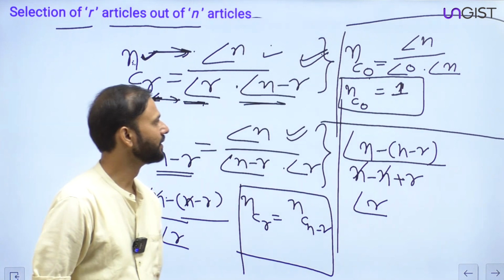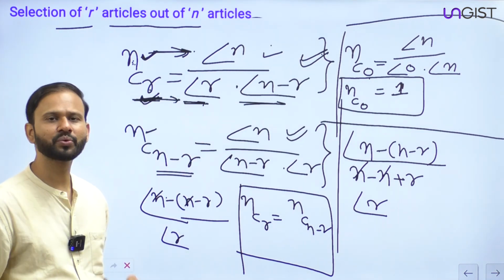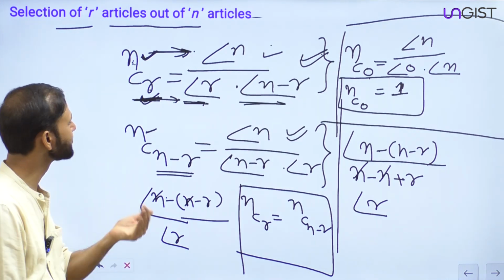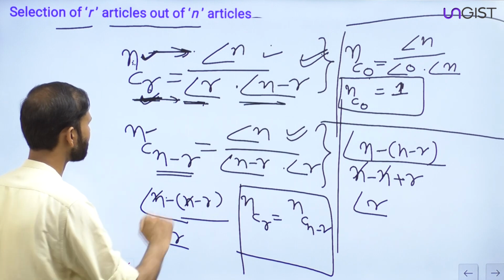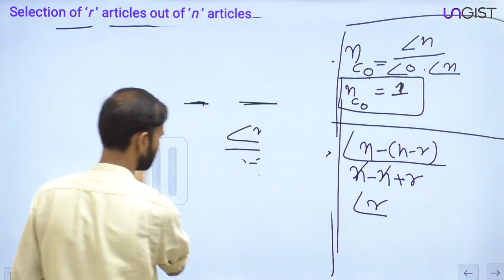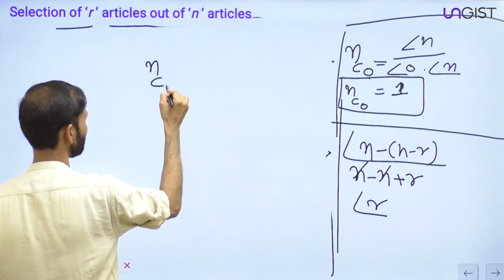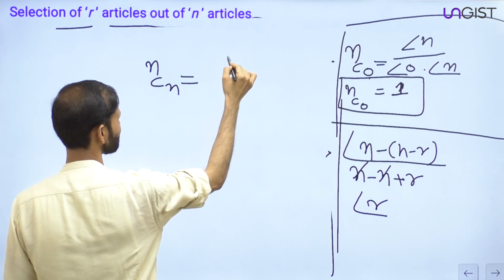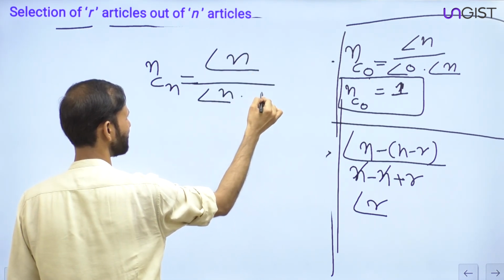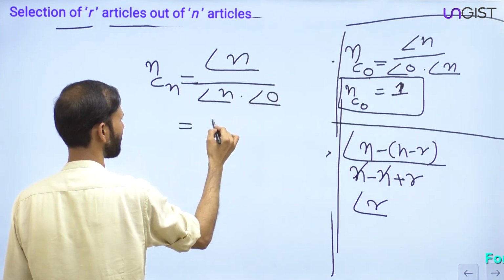After that, if I talk about NCN, NCN will be what? NCN is factorial n upon factorial n into factorial of n minus n, which is factorial 0. So this is again 1.